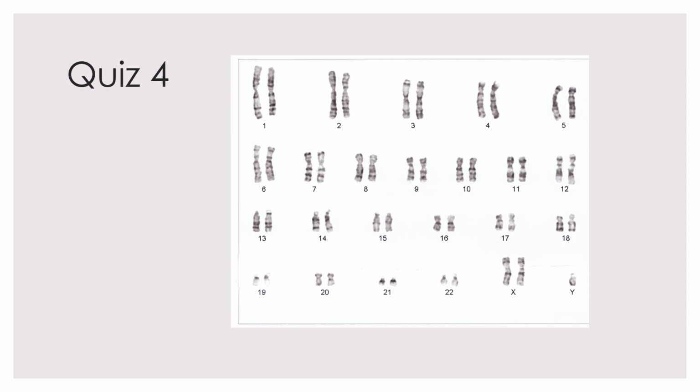So we have 3 sex chromosomes here, 2 X's and 1 Y, XXY. This is a 47 XXY, which is nothing but Klinefelter syndrome.